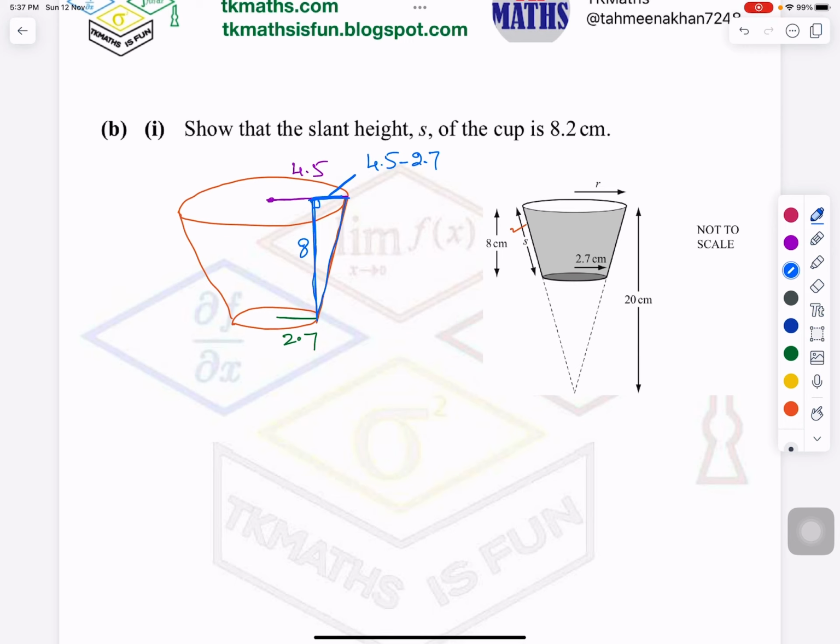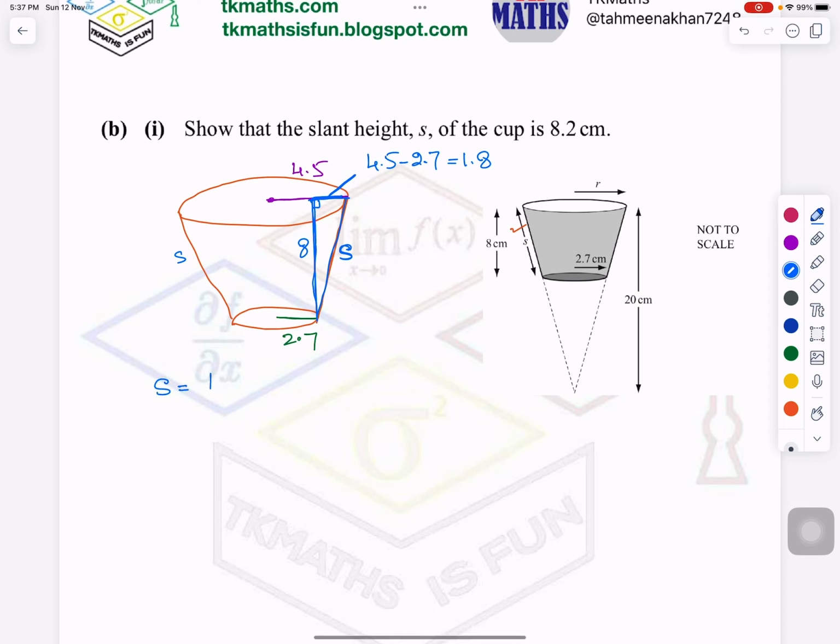So 4.5 minus 2.7, it will be 1.8. Okay, so this is 1.8. So now if I have to find out this slant height, either it is this side or this side, I will apply Pythagoras theorem.